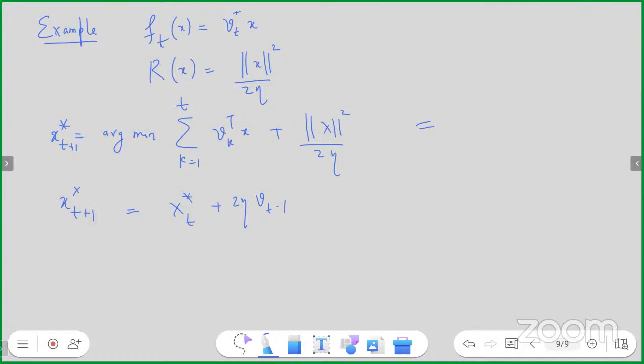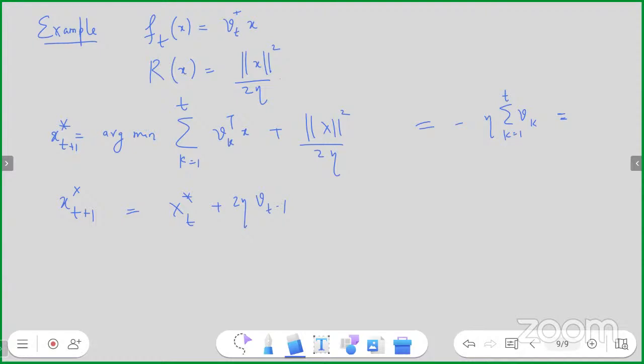What is the argmin of this quantity? Minus 2 eta times the sum of vt, k going from 1 through t. But how can I write this in terms of xt star? So the 2 should disappear according to the notes, because when you take the derivative, the 2 will disappear. So there should be no 2.